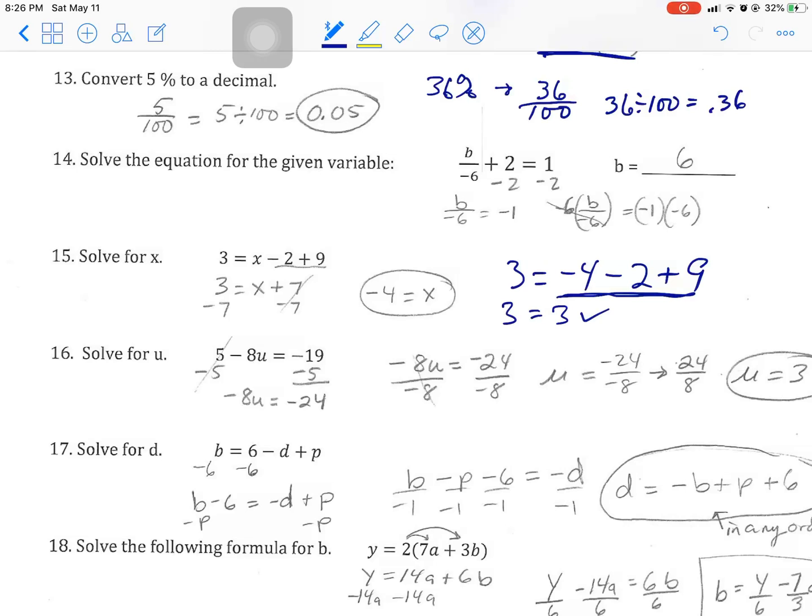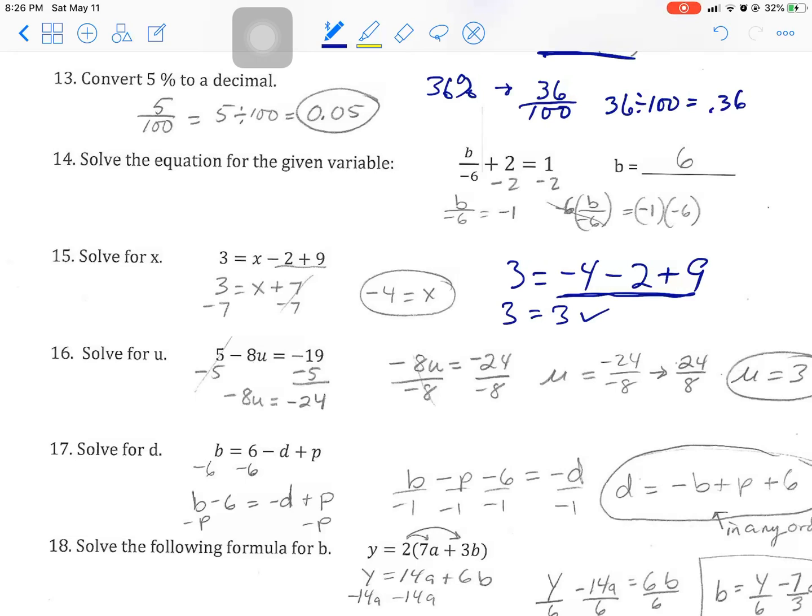If we were still doing factoring, that's when you get 0 on one side. Or when there are two, if this was u squared, you want to put all the terms on the same side and get 0 on one side. But remember, when you do linear problems, that's not your goal. You want u on one side, and a number on the other.